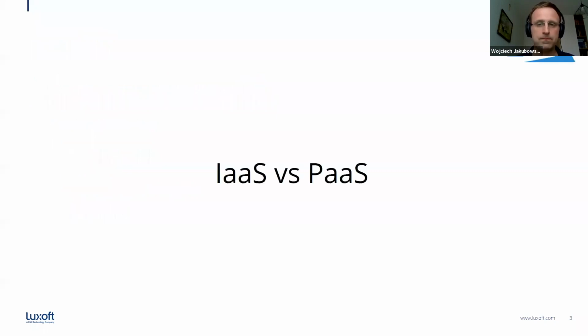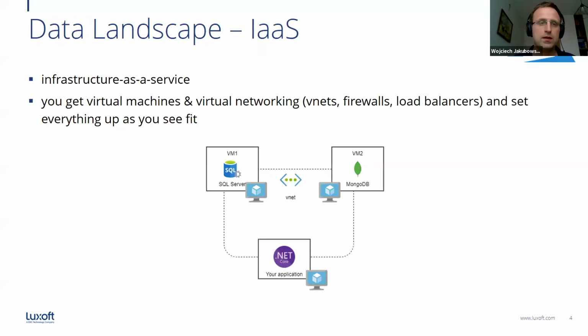So that's the idea. So there are two major types of offerings in Azure. They are briefly called IaaS and PaaS. And the IaaS, which stands for Infrastructure as a Service, is a model where you basically get access to the infrastructure.